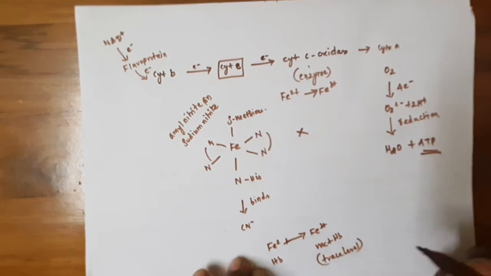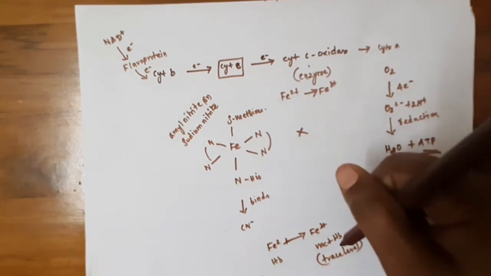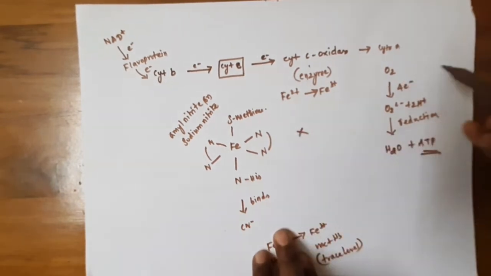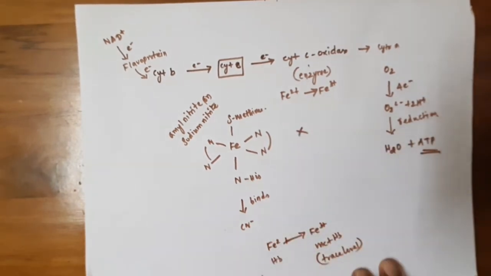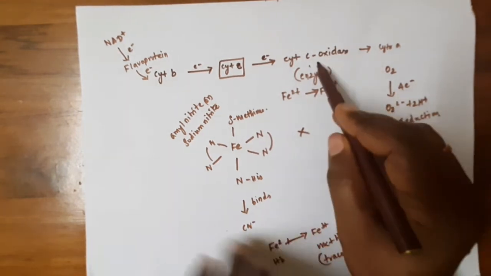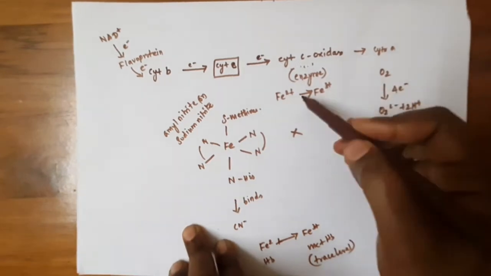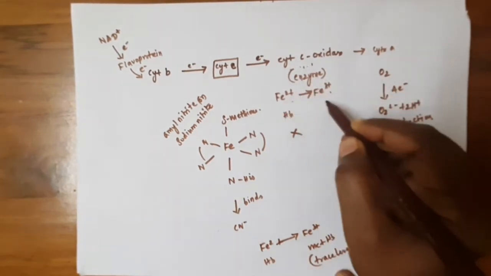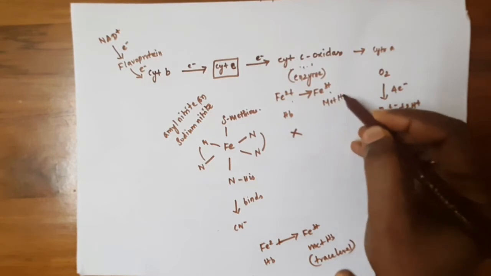Not a very large amount is obtained, only in the trace level. Okay, so then the binding of oxygen takes place, and the reduction of oxygen takes place by taking 4 electrons. So this cytochrome C oxidase is very important to oxidize the Fe2 plus to Fe3 plus, that is hemoglobin to methemoglobin.